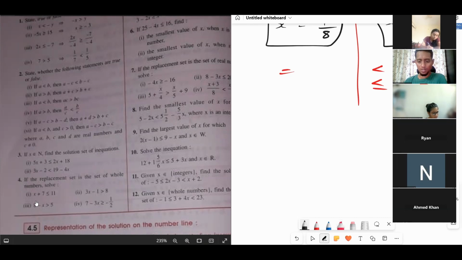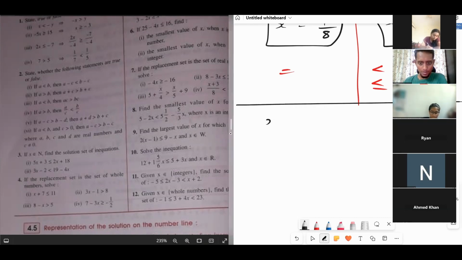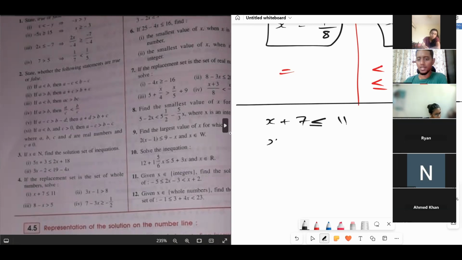Okay, so we'll see what that question actually means. Let's look at the inequation. So x plus 7 less than or equal to 11. All right, so simple. So take the 7 to the right side. So x is less than or equal to 11 minus 7. x is less than or equal to 4. Okay. Yes. So x is less than or equal to 4 means everything 4 and below. So 4, 3, 2, 1 and so on.